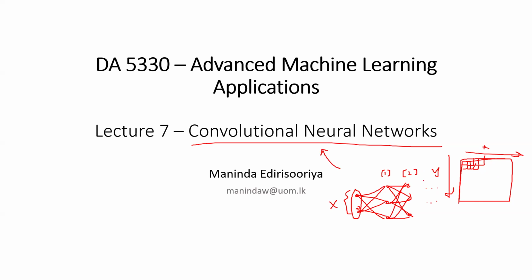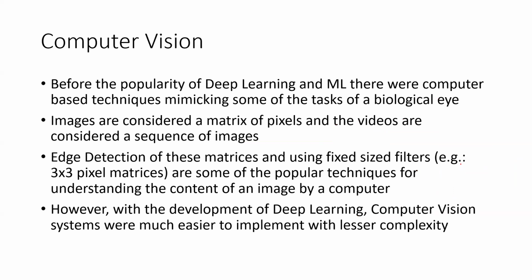So we will be learning how the earlier computing machines were identifying images, and how that representation technique was developed for the machine learning and deep learning world using convolutional neural networks. First, we will start with the traditional computer vision problem.